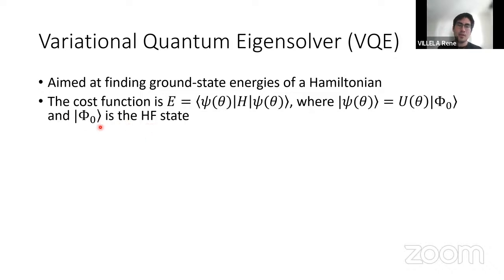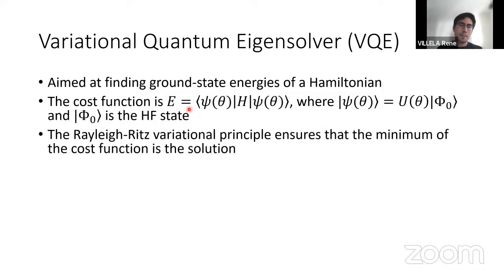So we start with the Hartree-Fock theory, and then by applying unitary transformations, we create a better state to calculate the expectation value of the Hamiltonian and obtain the ground state energy using that procedure. And also the Rayleigh-Ritz variational principle ensures that the minimum of the cost function will be the solution. So all this is powered by the variational principle in quantum mechanics.